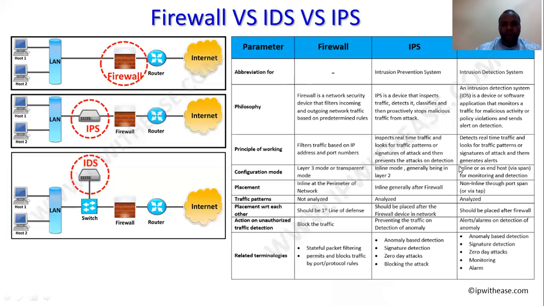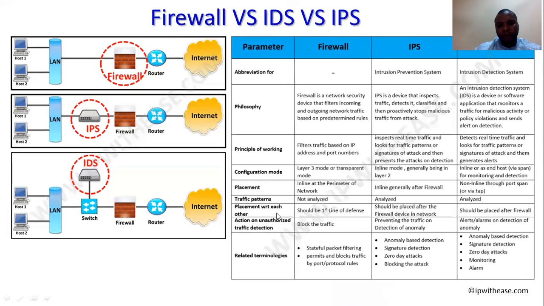Okay, so that is the function they can perform. Now, traffic patterns: the firewall doesn't analyze traffic patterns. But the IPS and IDS can analyze the traffic pattern.